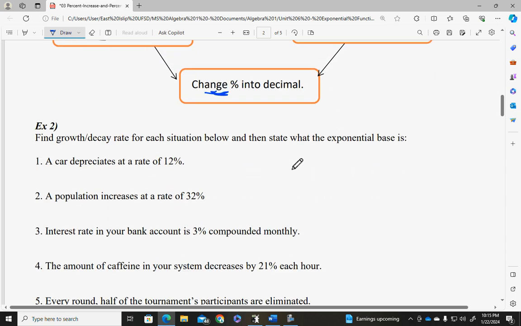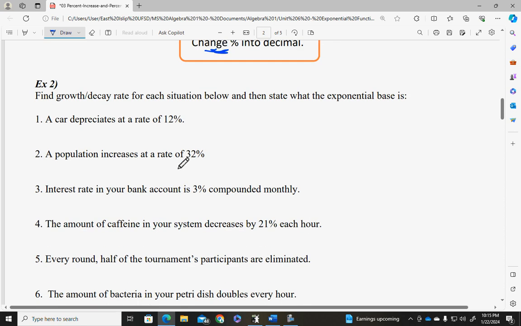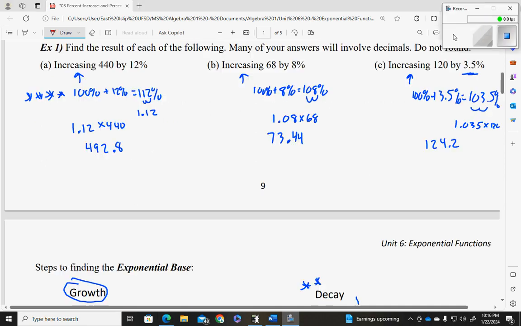So we're going to find the growth or decay rate for each of the situations below, and then we're going to state what the exponential base is. So when I ask you what is the exponential base, I'm really talking about this decimal here.